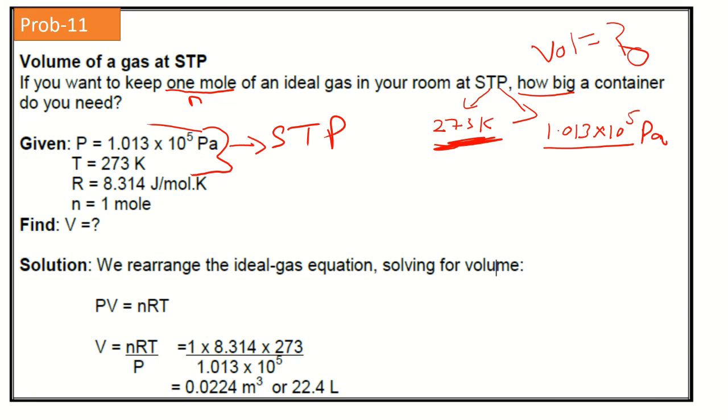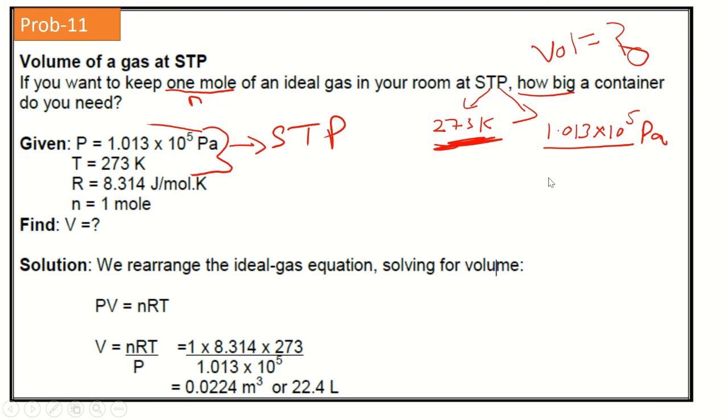The value of R is 8.314 joule per mole per Kelvin, the number of moles is 1 mole, and you have to find the volume.